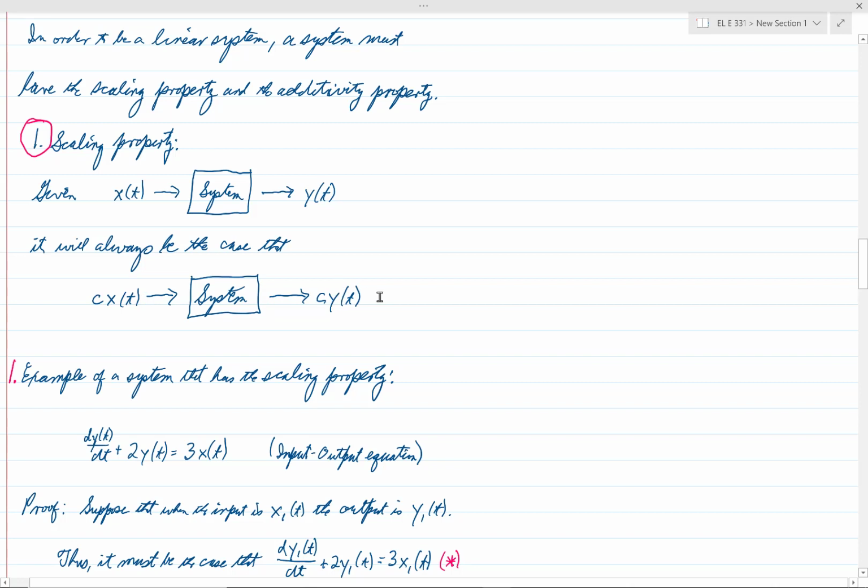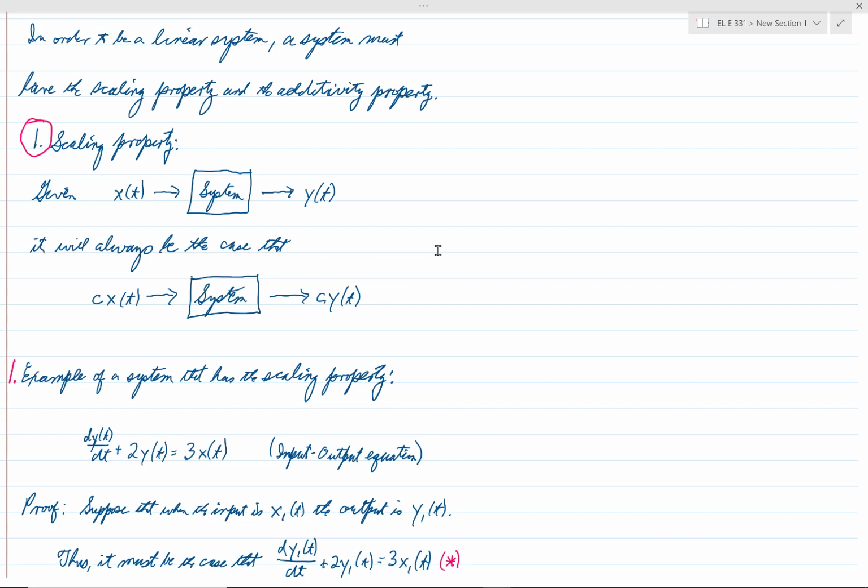So, in other words, the scaling property means that if the input is scaled by some constant, then the output will be scaled by that same constant. If a system behaves in that way, it is said to have the scaling property. If it does not behave that way, it is said to not have the scaling property.